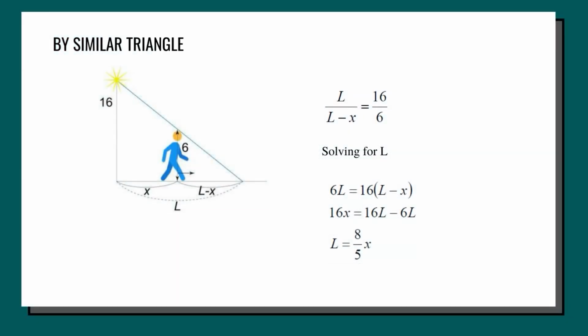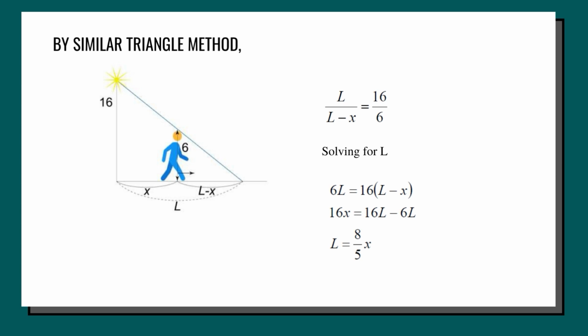Using the figure, we can now determine the equation by the similar triangle method. The smaller triangle includes the legs, which are the height of Xavier, and L minus x. While the bigger triangle includes legs, which are the height of the pole, and L. So, to use similar triangles, we look for the relationship between the sides of the bigger triangle to the smaller triangle.